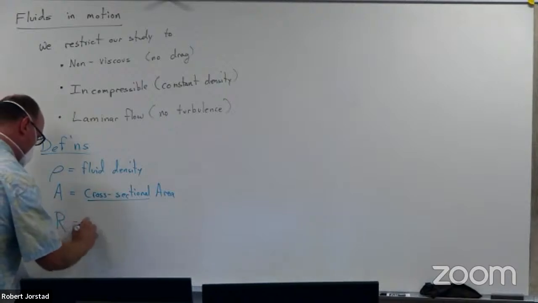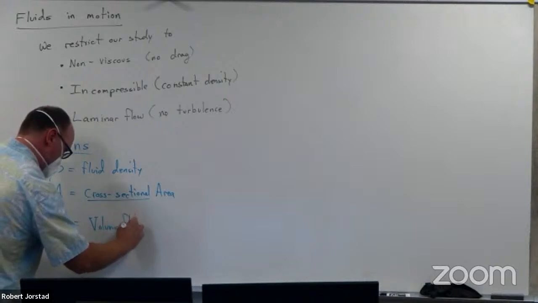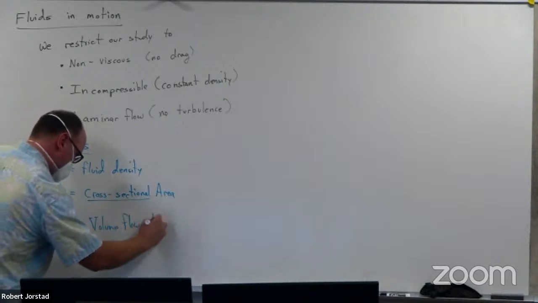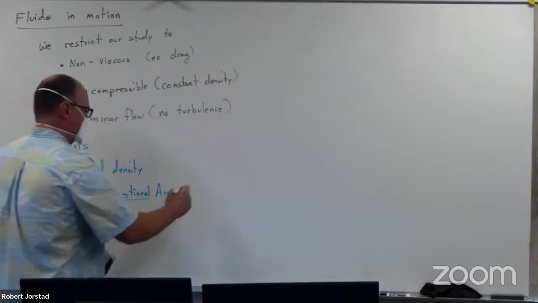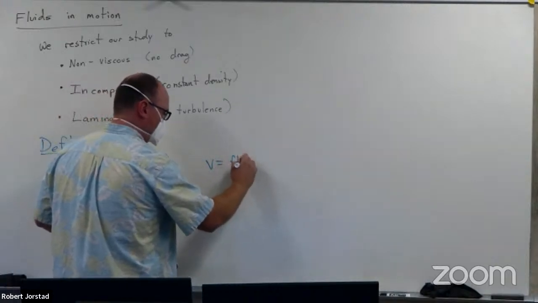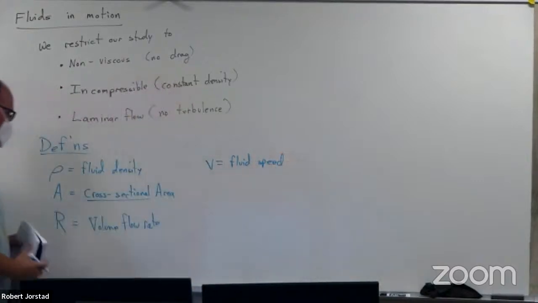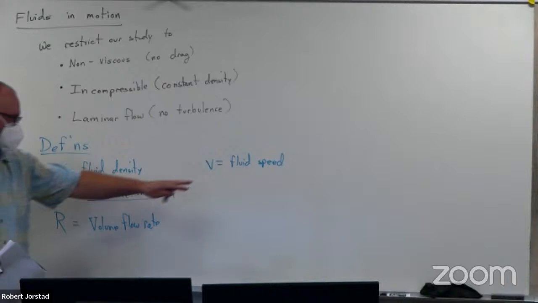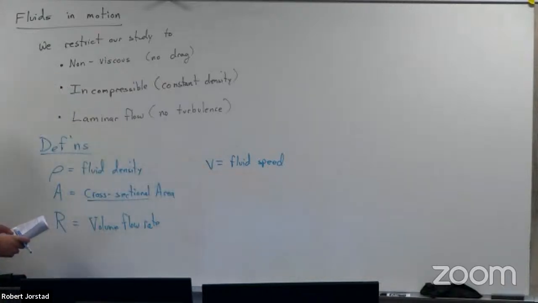R is a thing called the volume flow rate. v, lowercase, is fluid speed. And I want to point out there's a flow rate and a speed, and they're not going to be the same thing. I'll discuss how they're related.